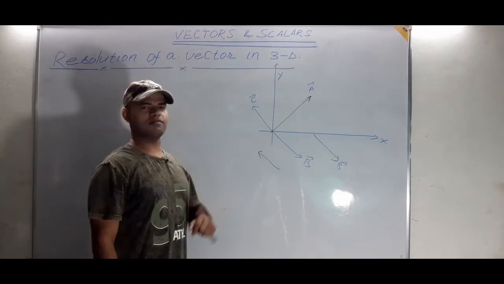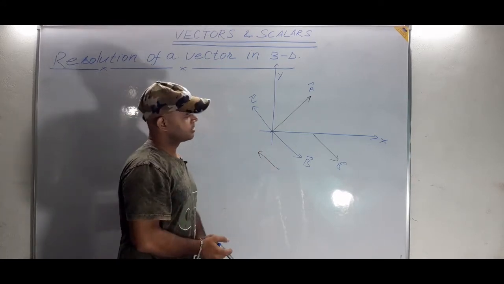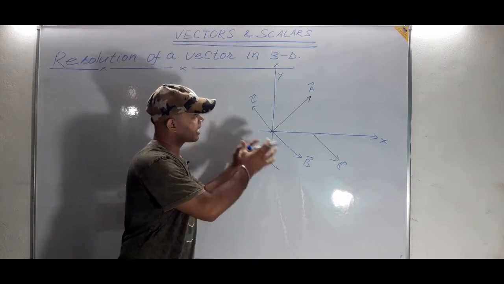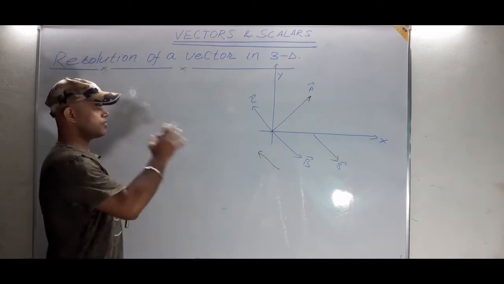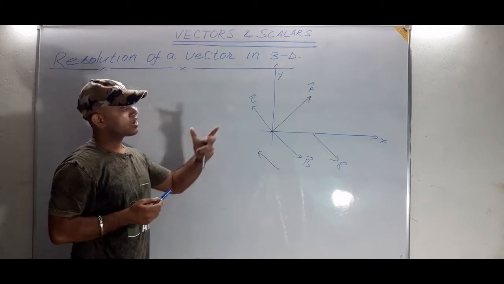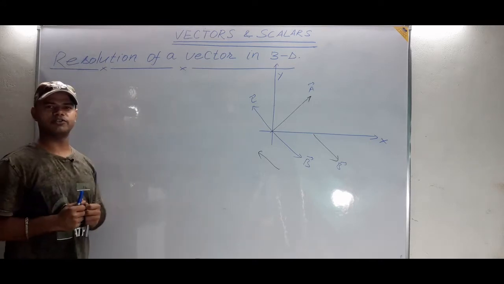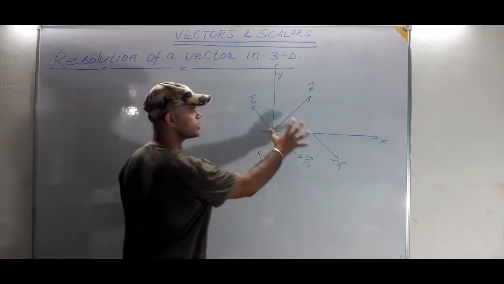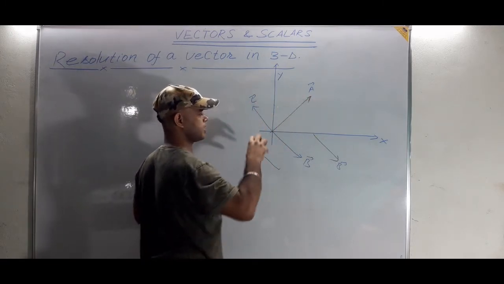Now you can resolve all these 3 vectors, or any number of vectors. You can find their components along the x-axis and y-axis respectively, right? So if we were able to find the components of the vector in 2 dimension, what is the need of resolution in 3 dimension? Here all these vector quantities are present in the same plane.